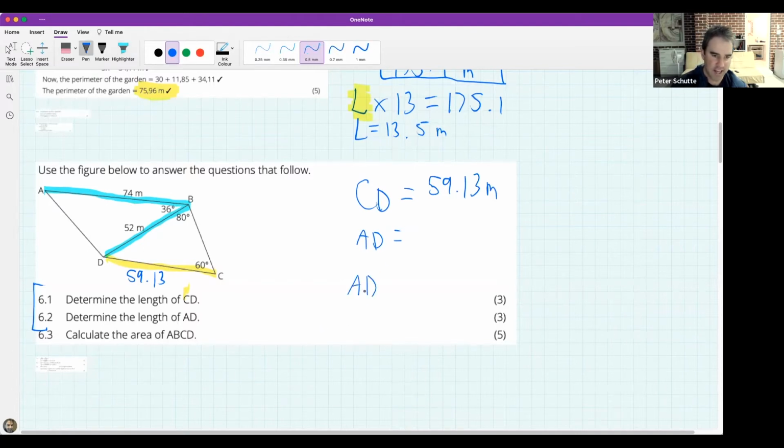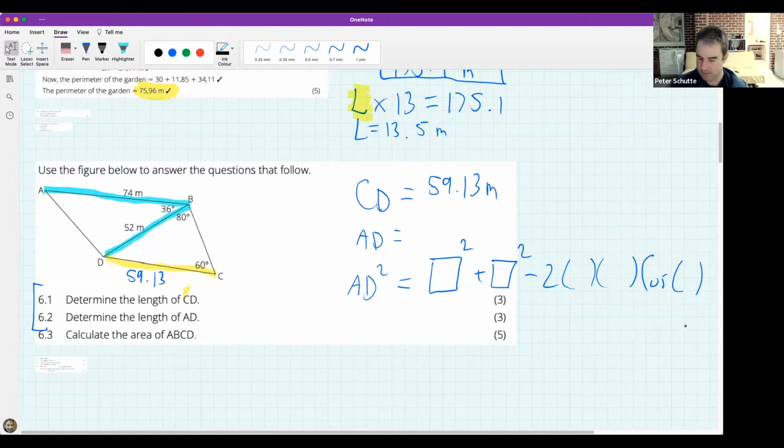So we write AD squared is equal to, and then we have one of the sides squared, plus another one of the sides squared, minus 2, and then there's two spaces there. And then there's the cos of the angle in between that. Does that help a little bit, Rachel, in terms of remembering that structure?